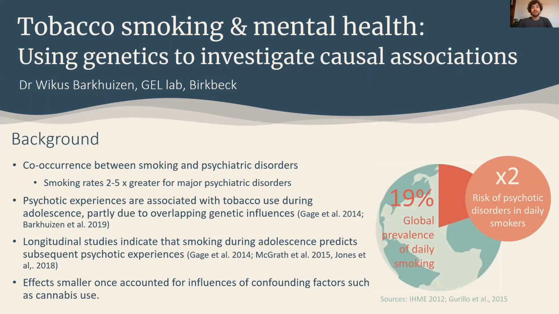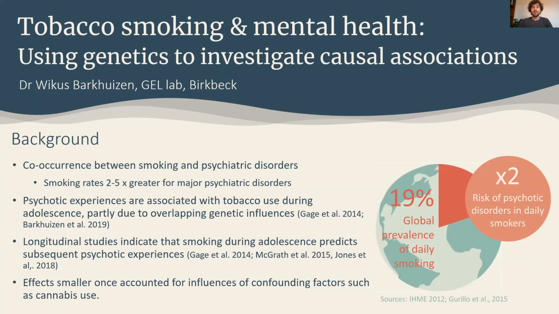But we're not only interested in discrete mental health disorders, we also want to understand what leads to these disorders. And so we measure experiences that resemble psychotic disorder symptoms, like hallucinations or paranoia, in the general population.